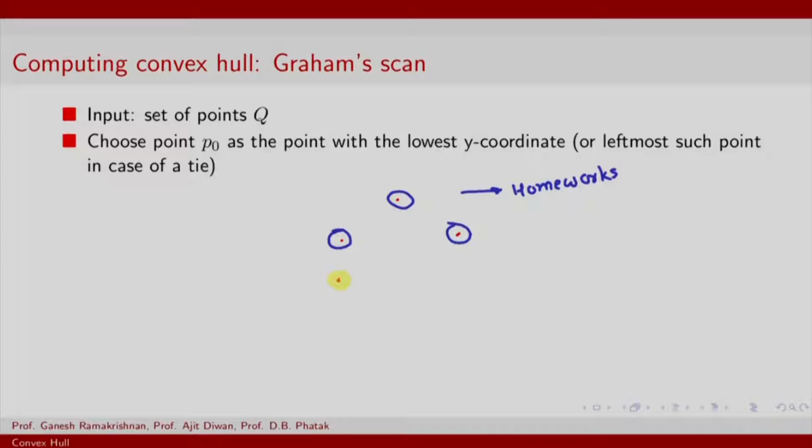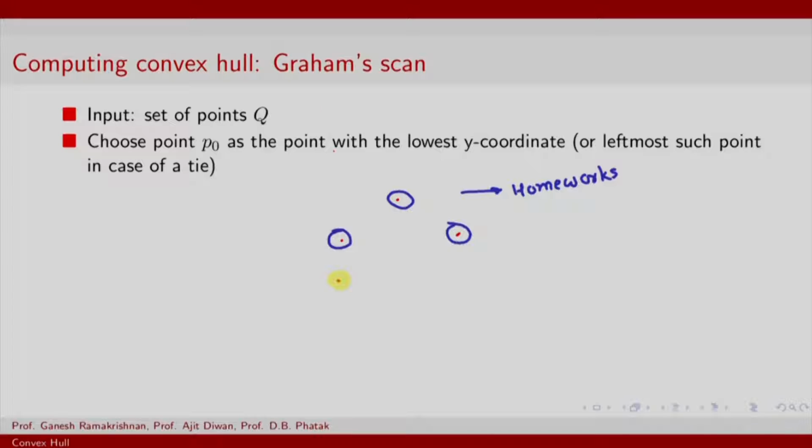What would we like to do next? Well, we can look at the orientation of the remaining points, sort them in some order of orientation, and thereafter decide how to construct the convex hull in an incremental manner.